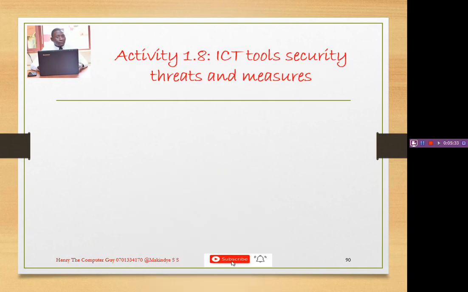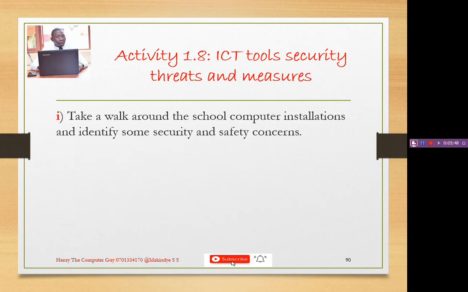And here we have an activity which is 1.8, and it is concerning ICT tools, security threats and the measures to prevent them. So question 1 is telling us to take a walk around the school computer installation and identify some security and safety concerns.